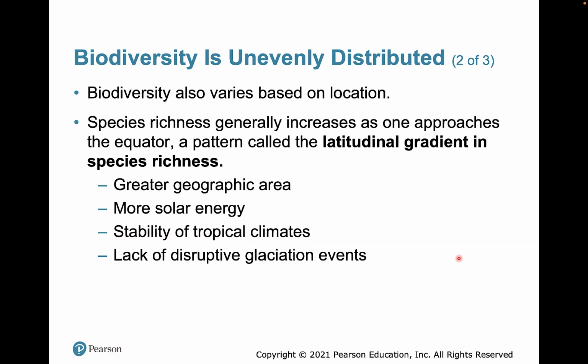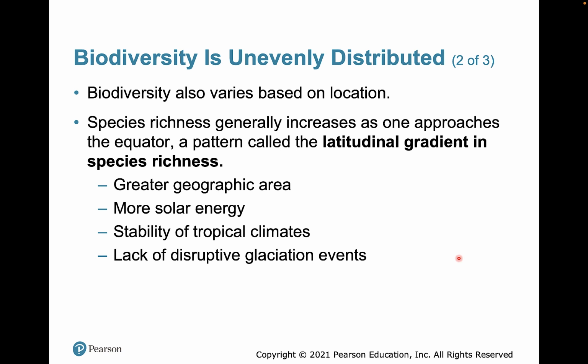We can also look at the variation in biodiversity based on location, okay? Species richness or variety in the kinds of species increases as you get closer to the equator. It's called the latitudinal gradient in species richness, but you don't need to know that, all right? So let's look at why that is. There's more land at the equator, if you really think about it. There's more solar energy, so it's warmer, okay?